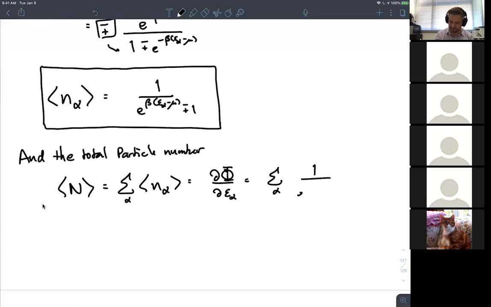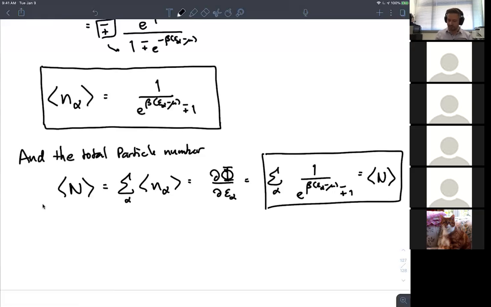Same thing. Whoops, I'm sorry, that minus sign should not be there. So it's e to the beta epsilon alpha minus mu, minus plus 1. Notice that this is exactly the same as this, just summed over all alpha, which makes perfect sense. All right, is everybody good?